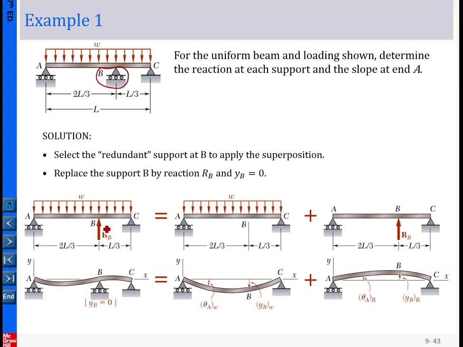Again, step 1: choose this support and replace it by reaction force RB, which is unknown, and also impose the deflection equal to 0, because this is a simple support, so the vertical deflection is 0. Now we have redescribed the problem in terms of the loading. We have this distributed loading, so we decompose it into a subcase like this. Also we have a point loading, then we have the subcase like this one.